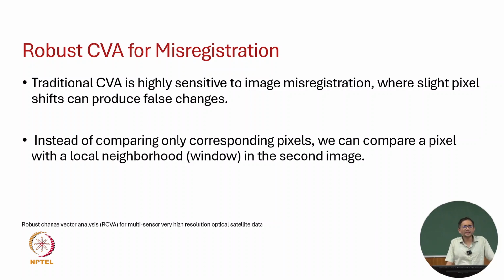It is quite common that the pre-change image and the post-change image will not be perfectly registered, and with a pixel-wise difference, this misregistration, even if it is just a couple of pixels, may be disastrous. So robust change vector analysis proposes that instead of comparing only the corresponding pixels, we compare a pixel with a local neighborhood in the second image, the post-change image.